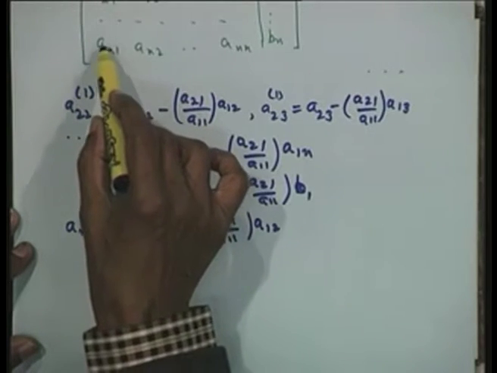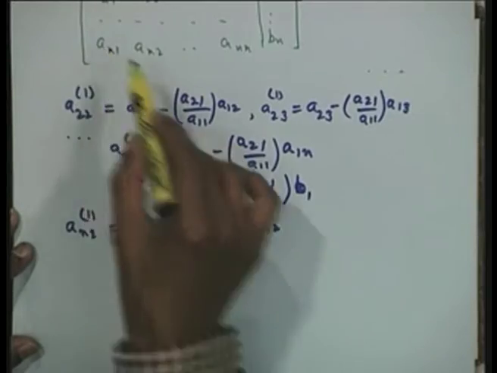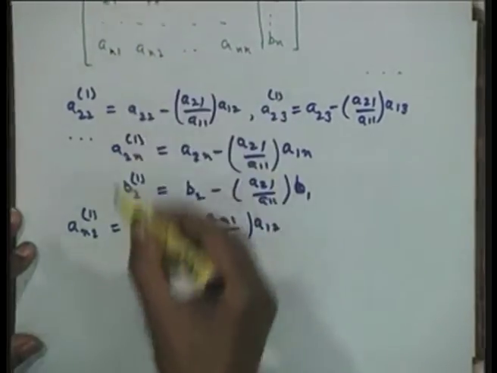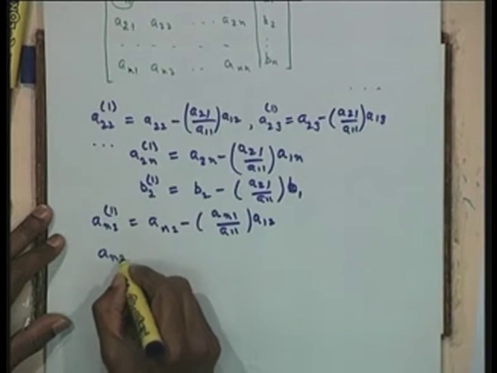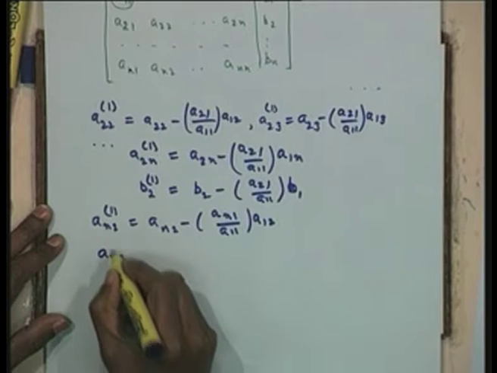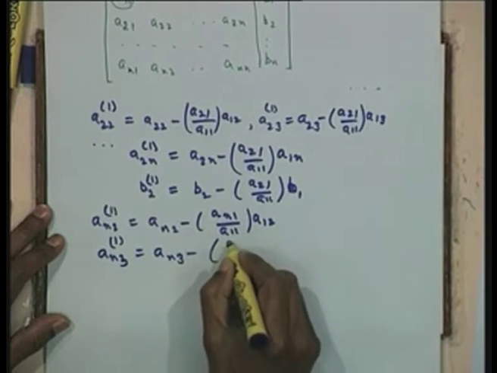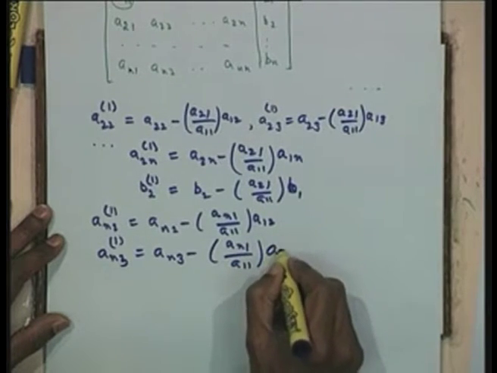So I am multiplying with An1 divided by A11, that is the factor that I am using to make this 0. So I will have An1 upon A11 into A12, subtract it, I have a new element. Similarly the next element An3 is An3 minus An1 upon A11, the same factor, into A13.